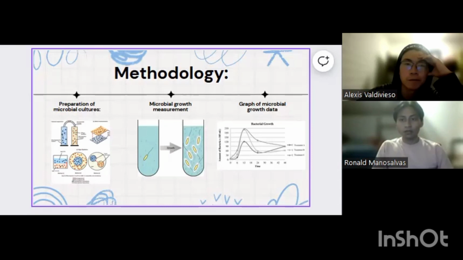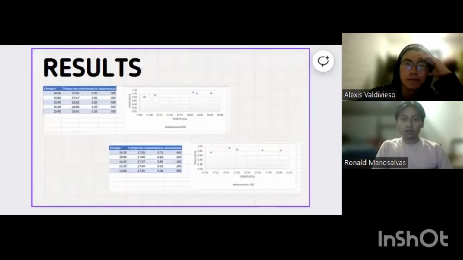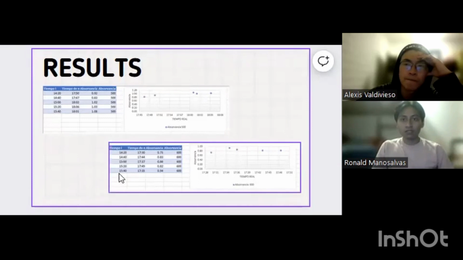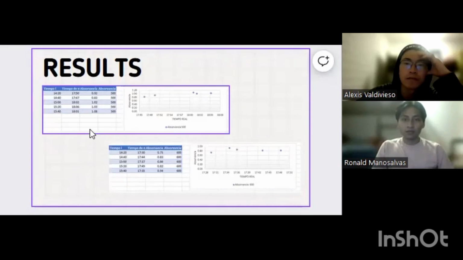Okay, now explain the results of this experiment. In the first part of this experiment, it failed because of different factors that affect these results.